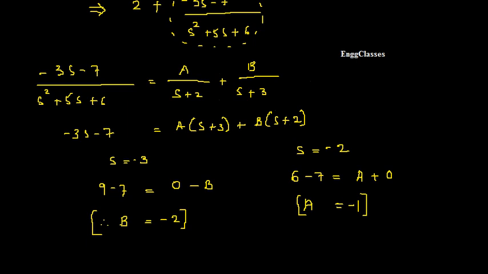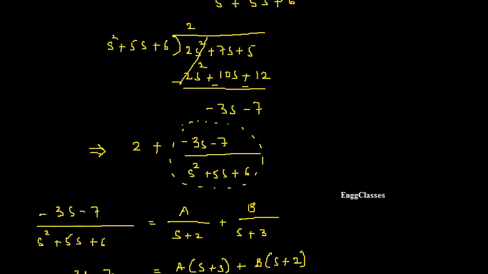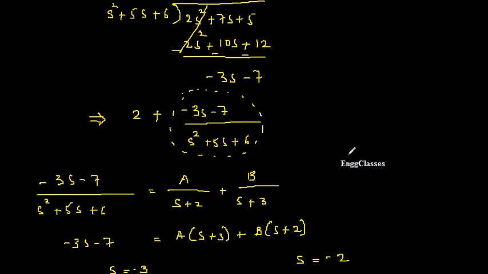So I can put the values here. Therefore the final expression for H of j omega I can write as, here I have left 2 as it is, I'll consider that also, 2, then the second term, this term I expanded using partial fractions.